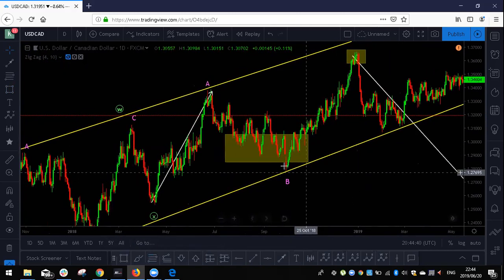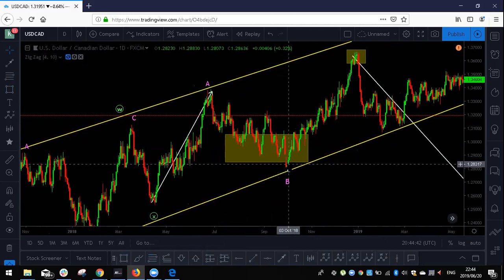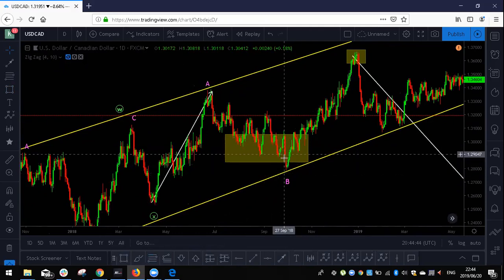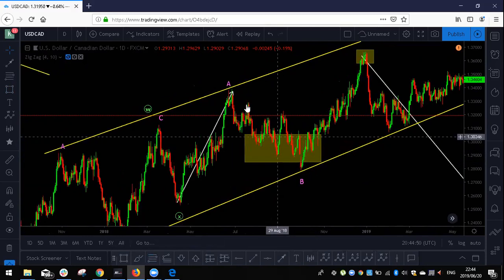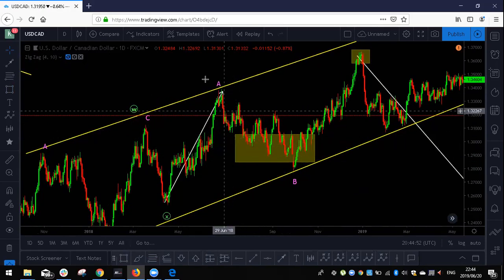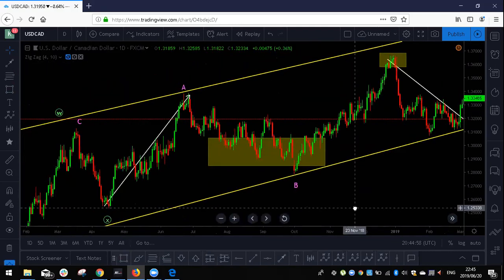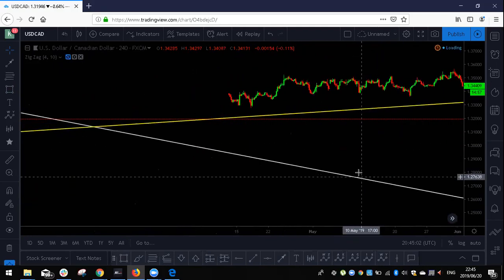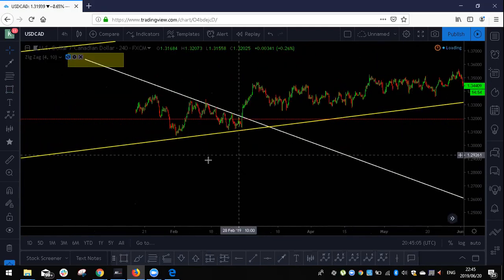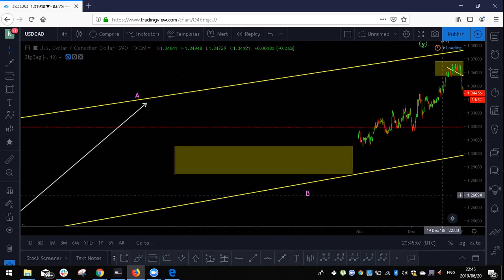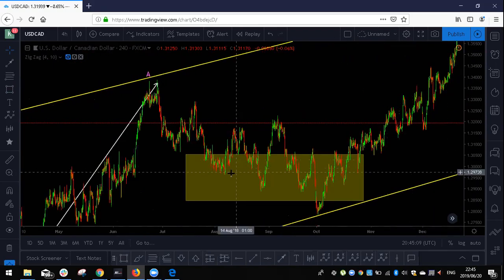The reason price spiked below is because it had a gap. Otherwise, it was going to make a tenth inside there for this impulse. But our buy trade was going to be, let me go to the 4-hour, because we were going to take it from the 4-hour or 1-hour.